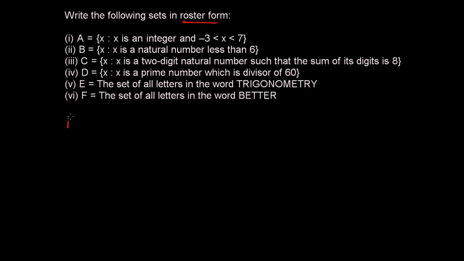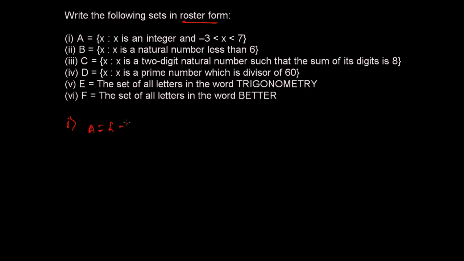So the first one I'm writing A. It contains the members x such that x is an integer and x is greater than -3 but less than 7. So you're perfect in all those things, right? It's an integer, so integers means like 1, 2, 3, 4, or -1, -2, -3, including 0.